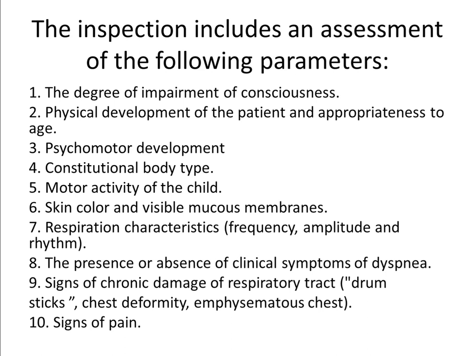These are important features of some chronic underlying conditions like cystic fibrosis, which leads to developmental delay in physical development, psychomotor development, constitutional body type, motor activity of the child, skin color and visible mucous membranes, respiration characteristics, frequency, amplitude, and rhythm, the presence or absence of clinical symptoms of dyspnea, signs of chronic damage of respiratory tract, drumsticks, chest deformity, emphysematous chest, and signs of pain.